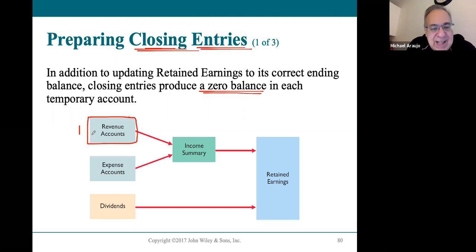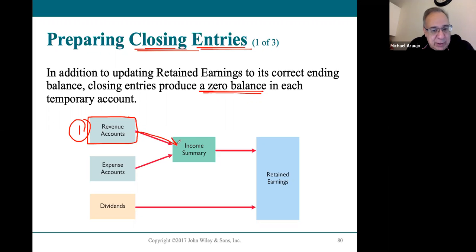So to get revenue to 0, to close, we would need to actually debit the revenue account, because the revenue account already has a credit in it, because revenue is a normal credit balance. So to get this account to 0, we have to debit the revenue account. Well, what do we do with that money?